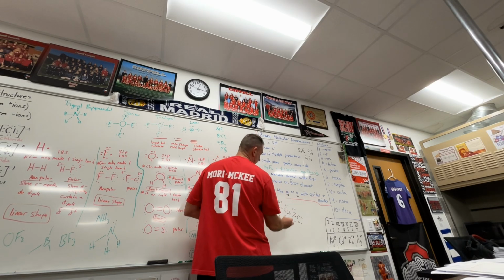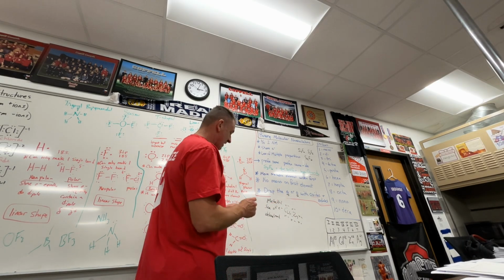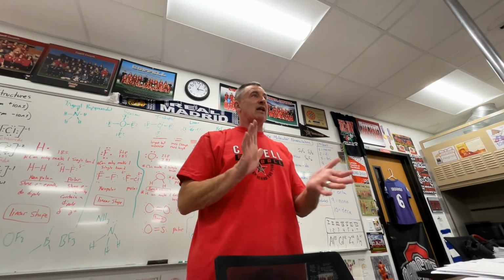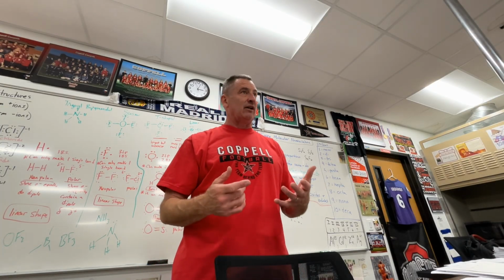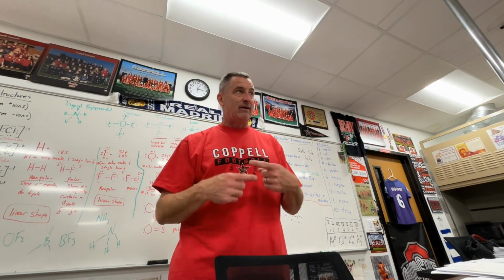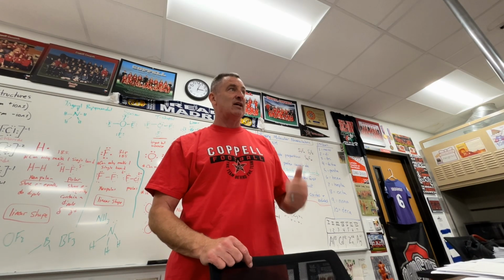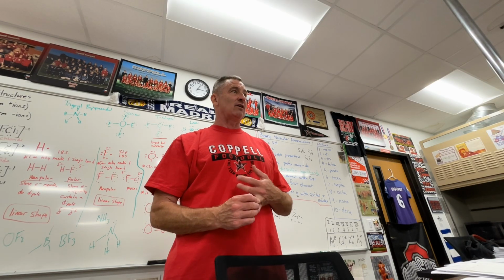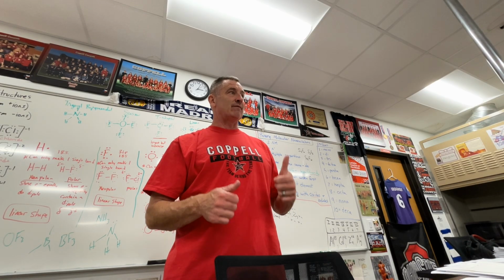They call that delocalized electrons because they're just floating around, and that accounts for the properties of metals. Malleability, which means you can hammer into a thin sheet. Ductility, which means you can roll it into a wire. Good conductors of heat and electricity, high melting points, low boiling points, and they have luster, which means they're shiny. Okay, they have high tensile strength, which means they're hard to break.